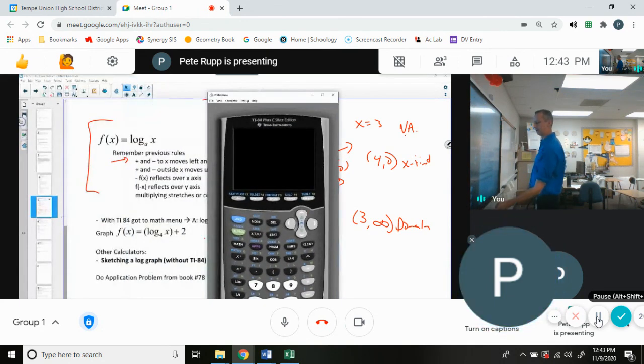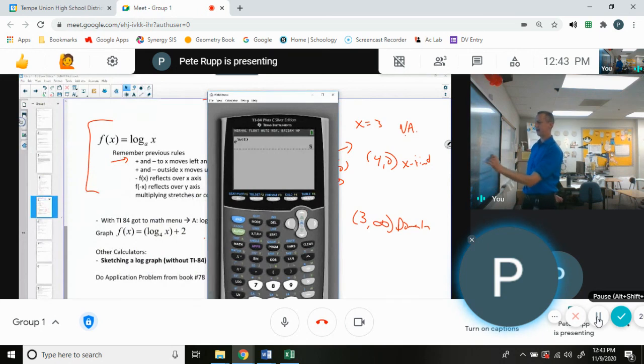All right, so go ahead and hit y equals. And to get log base 4 of x, if I go to math, it's going to be down in that log base, so I believe it's option A, hit log base, and then it opens up this notation, 4 of x.